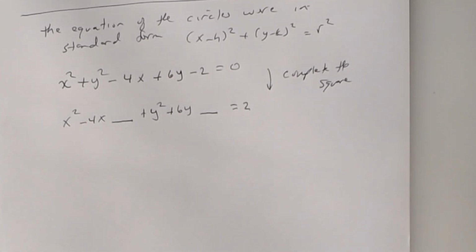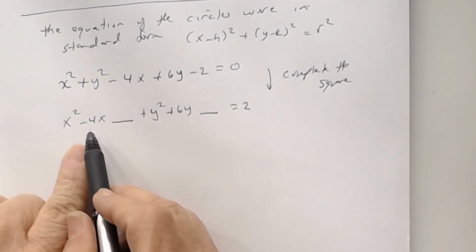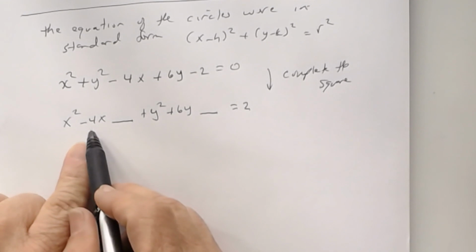The rest, you've practiced on this. No fractions involved here, so there shouldn't be any hyperventilation and anxiety. So when I complete the square on the x's, I take half of the coefficient of x.